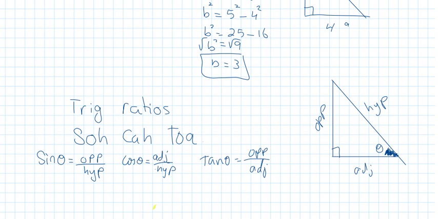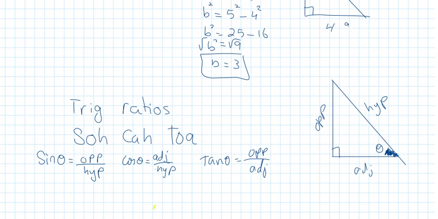Okay? So then you can decide which one to use according to which sides are given to you. So let's say if they give you the opposite and the hypotenuse, then you have to use sine. If they give you the adjacent and the opposite, you have to use tan. Then it depends on what is given to you or what you're looking for.